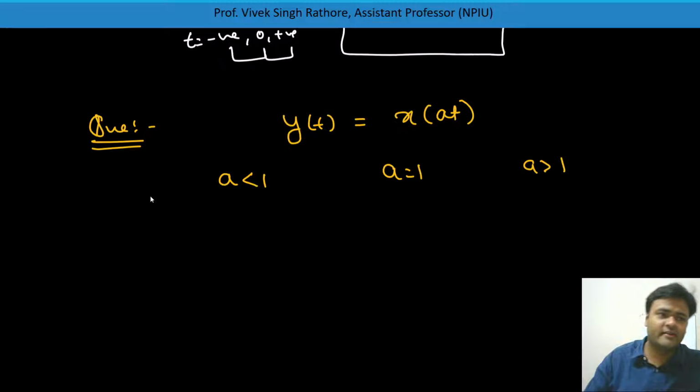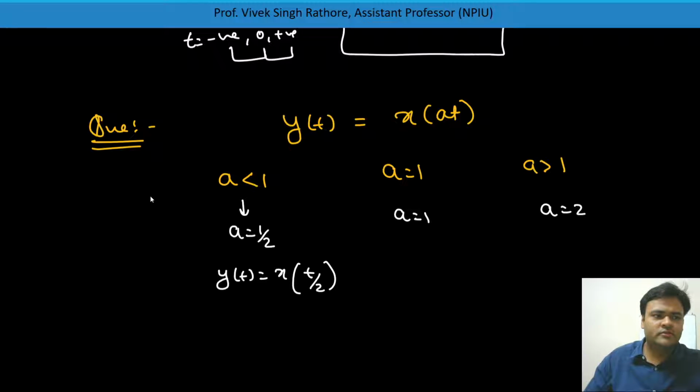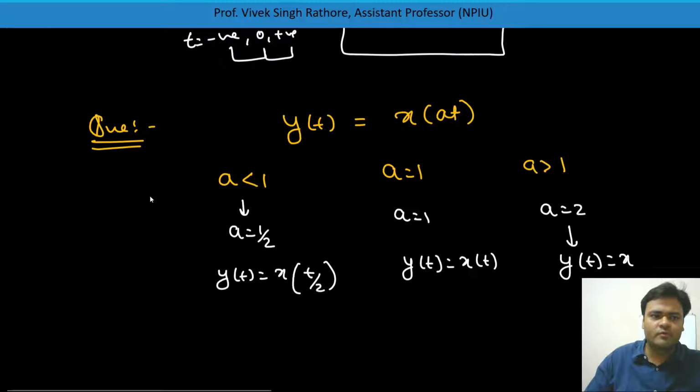We are seeing whether this value affects our system being causal or non-causal. For a less than 1, we take a equal to half, then a equal to 1, and a equal to 2. Three values we'll take. So here y of t will be x of t by 2, here y of t will be x of t, and here y of t will be x of 2t.